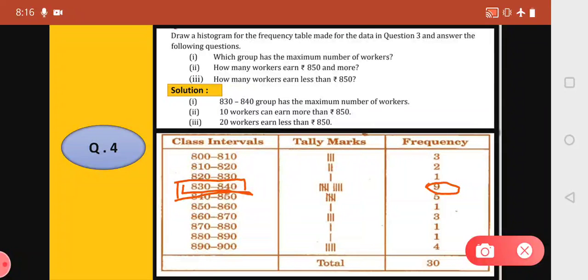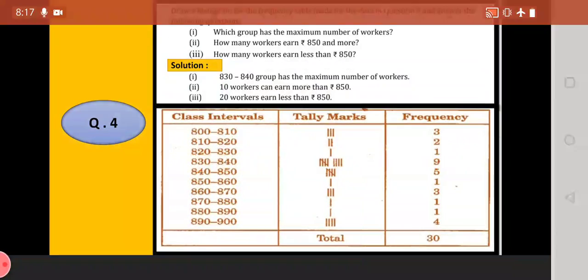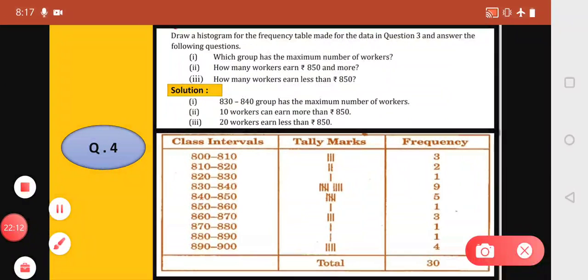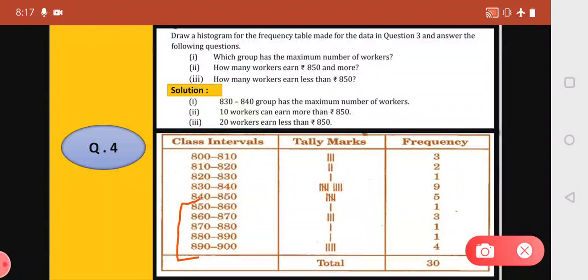Next, how many workers earn rupees 850 and more? Now, more than 850 means all these groups will come in this question, that is rupees 850 to 860 and more.